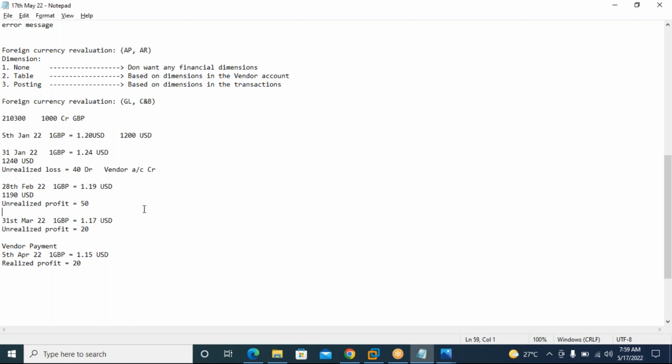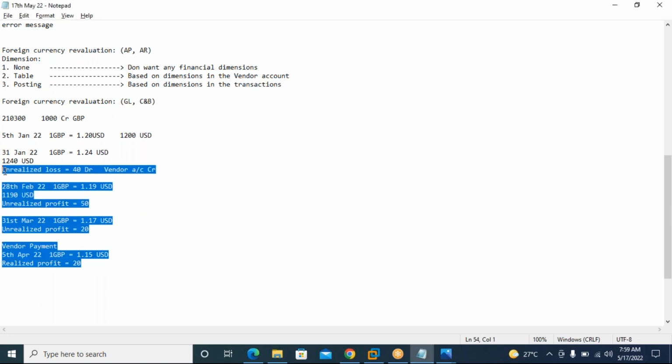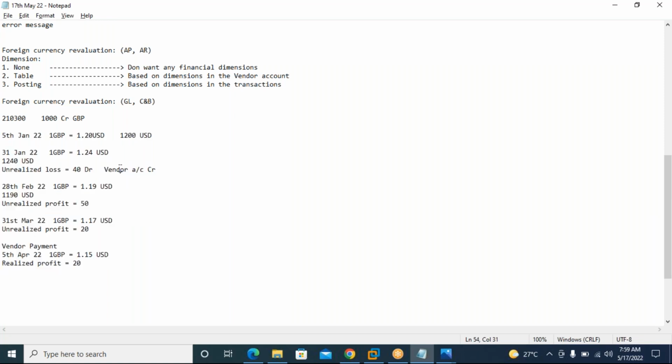This cumulative approach, you need to explain once again. Yes, I will explain tomorrow. Whatever you heard, profit 50, 40, 20. Simply, the current exchange rate versus the previous exchange rate. Whenever we are posting here, it is not looking at the original transaction. It is looking at the previous 40.